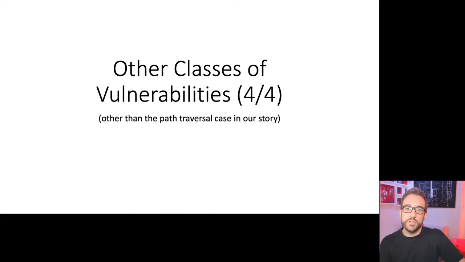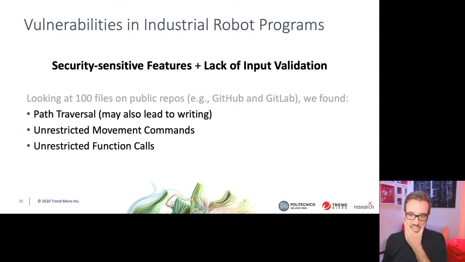Another question is, are there other classes of vulnerability other than the path traversal that we have seen in our story? In general, the combination of security-sensitive features of the language, of the platform, or whatever you're using as a target, and the lack of input validation means that there is a potential vulnerability.